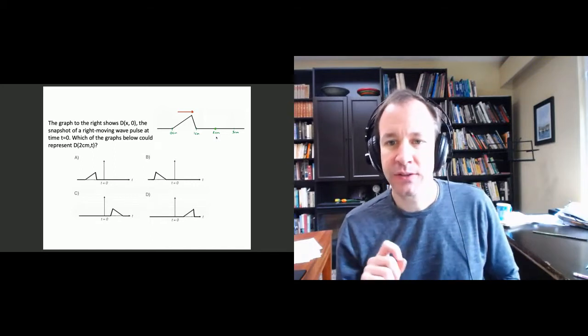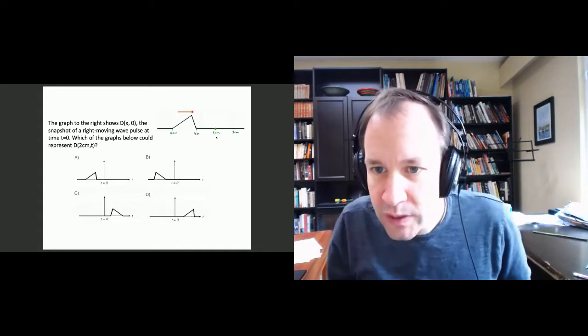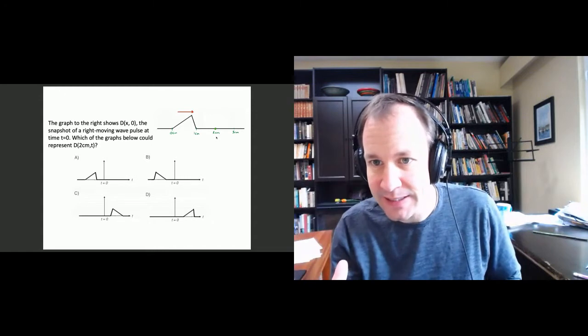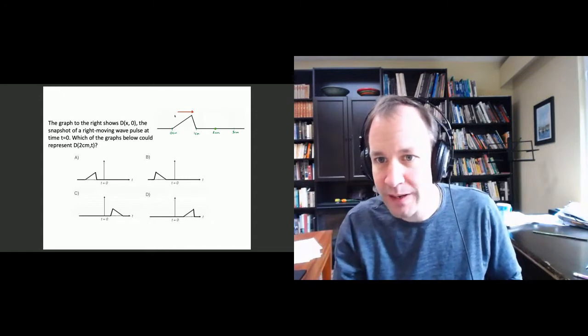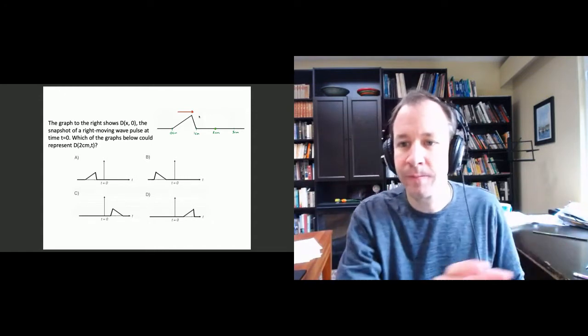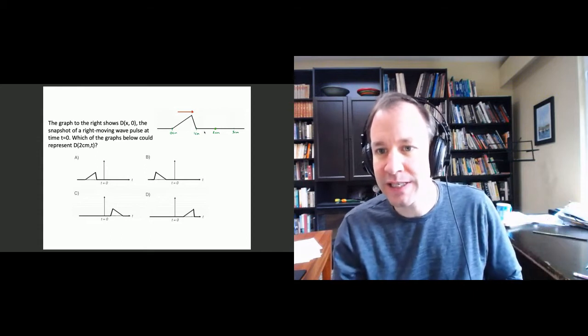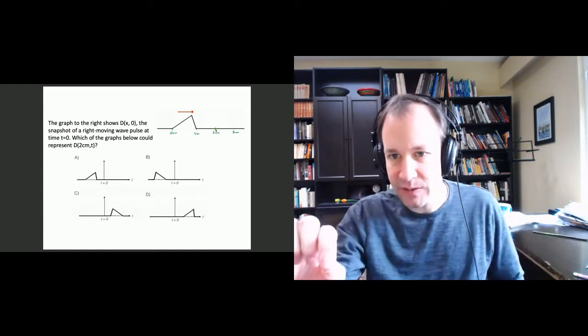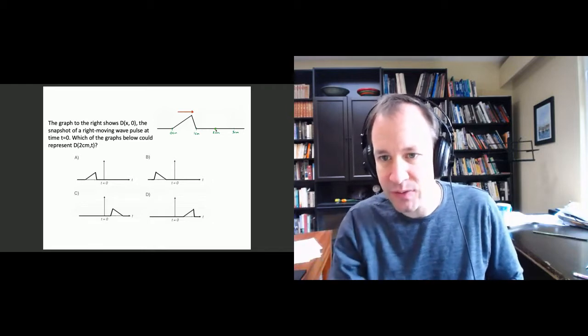Okay, so what do we do? What we want to do here is actually visualize this thing. You've got a wave moving along. The picture that's shown is time equals 0, and at time equals 0 you see that the displacement is 0. So this green bead is just sitting at x equals 0.